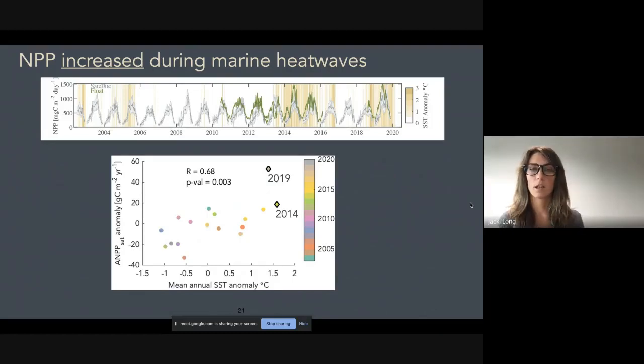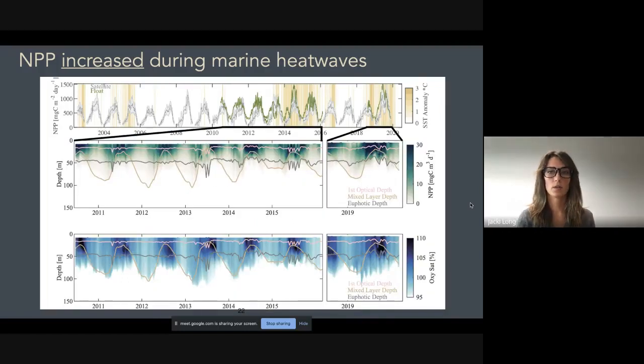And then in the bottom figure, we've taken annual net primary production anomaly values from this long-term satellite record on the y-axis versus mean annual sea surface temperature anomalies on the x-axis. And we've colored them by year. And you can see that those 2 years, 2014 and 2019, really stand out. And although this data set's pretty small, we do find a statistically significant relationship between annual NPP and SST anomalies.